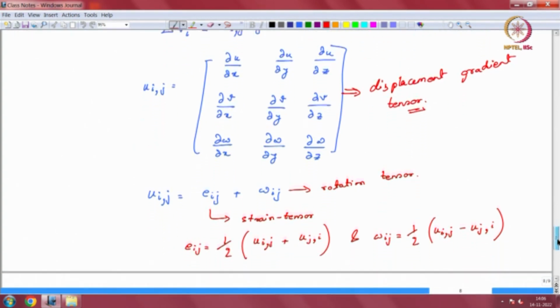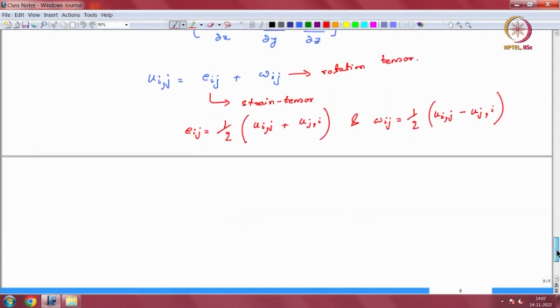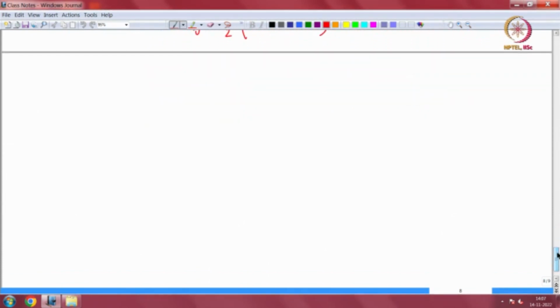And then we had seen that we can break this tensor up into two tensors. One we will call the strain tensor and the other we will call the rotation tensor. Now the same thing we can also understand through geometry. Here we just took advantage of Taylor series approximation, but there exists a geometrical interpretation to the strain tensor also. Again, I must note that this is in the case of small deformation, so that's a very important issue, right?